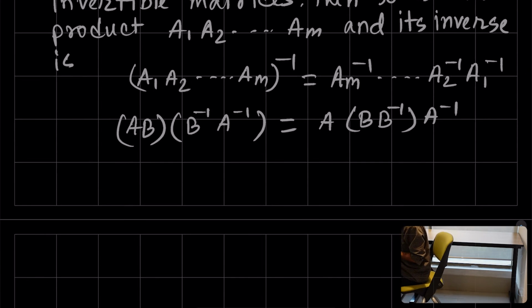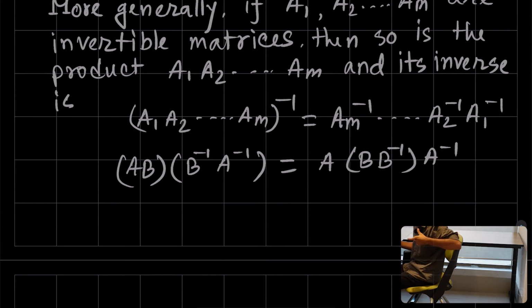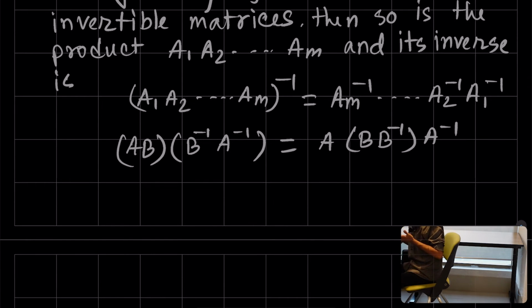So far so good. Then B inverse is the inverse of the matrix B, right? A and B are invertible matrices, A inverse is the inverse of the matrix A, and B inverse is the inverse of the matrix B. Now if I use the associative law here, what I can write is A times the matrix B with B inverse multiplied by A inverse.